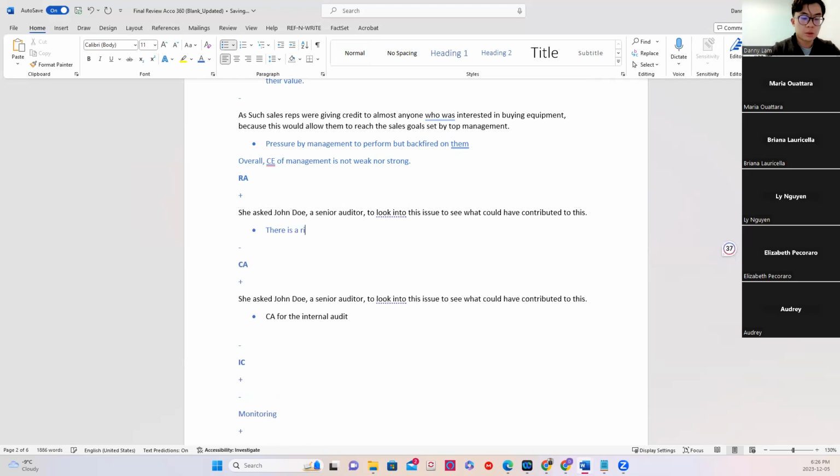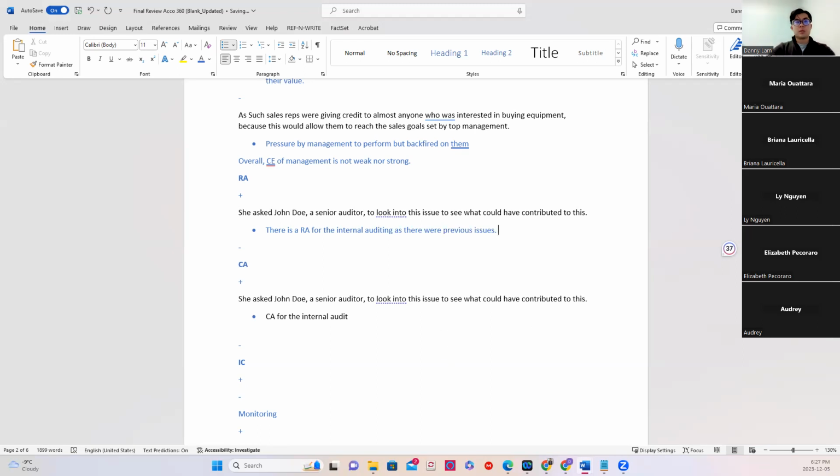It's the risk for the internal audit, as for previous issues. Okay, so now I want to go within each account.